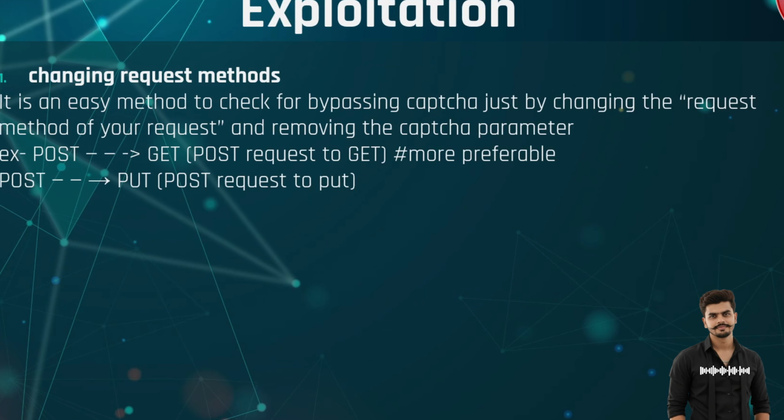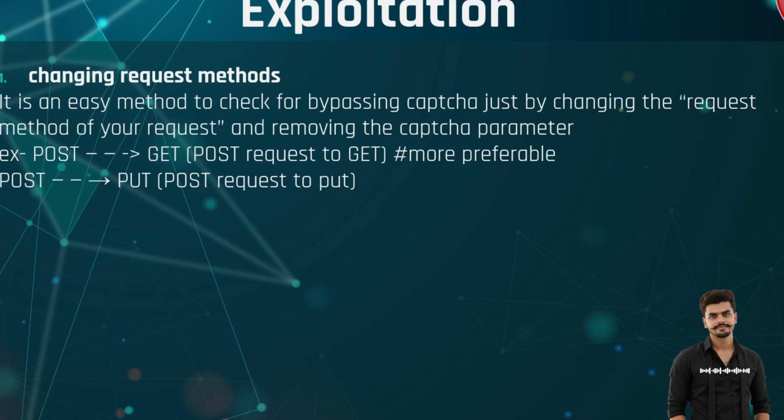So what are these methods? First one, changing the request method. It is an easy method to check for CAPTCHA bypass by changing the request method of the request. So you already know about methods, right? In every request, you will be able to see different methods like GET, POST, PUT, TRACE, HEAD. So these are different methods.